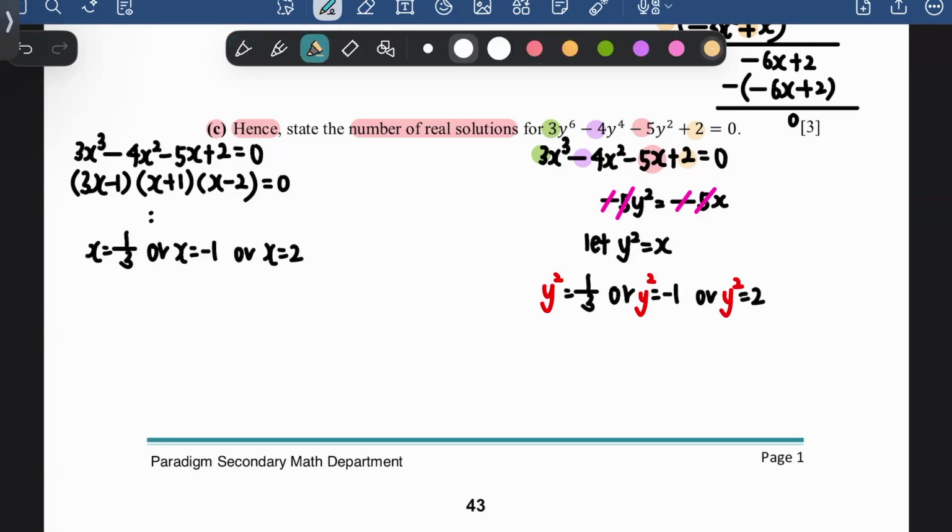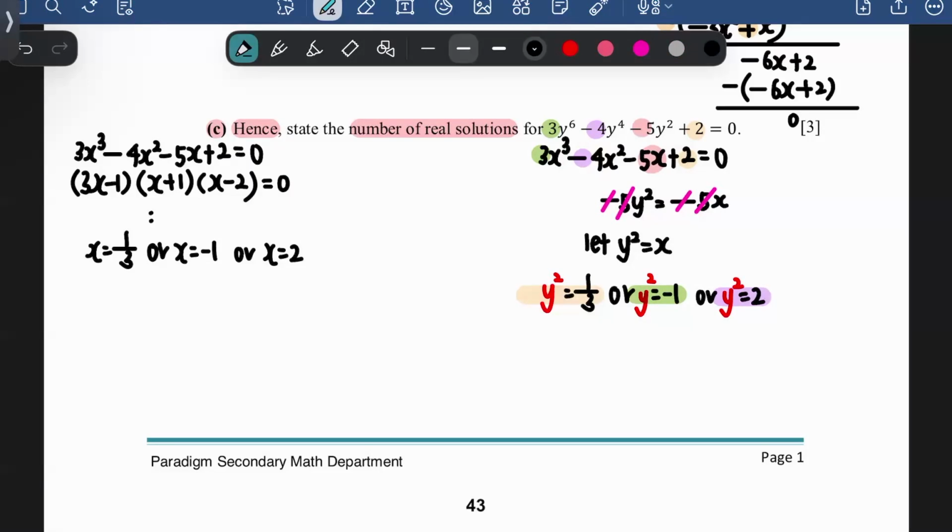So from here, when you square root y, how many answers will you have? You have a positive square root and a negative square root. So this one gives you 2 answers. When you try to square root this negative one, you cannot square root a negative, so this one is a math error, no answer here. This one can be square rooted: positive square root 2 and negative square root 2.